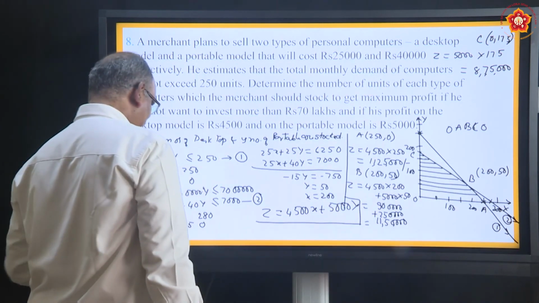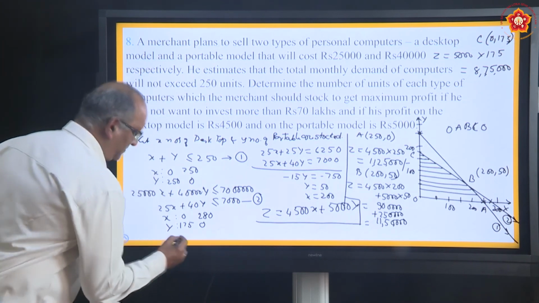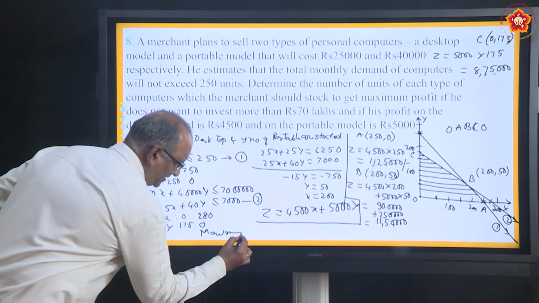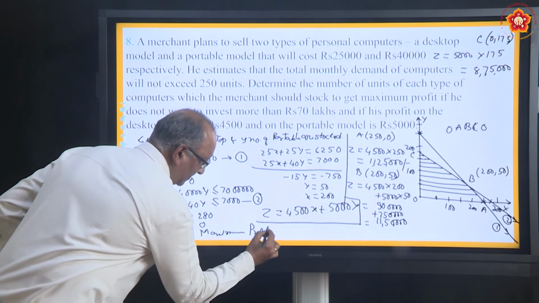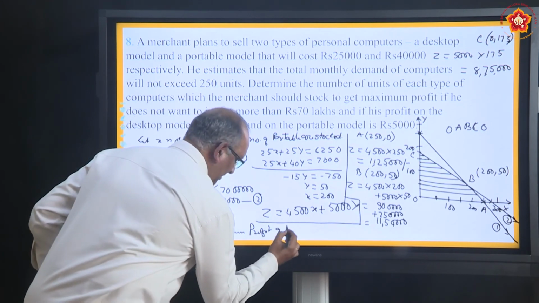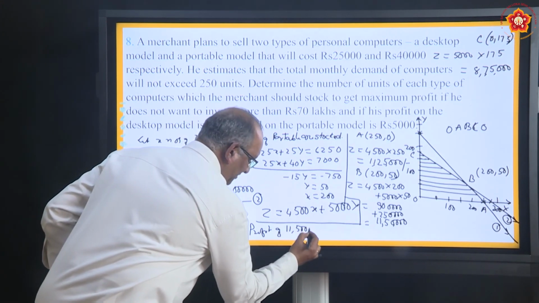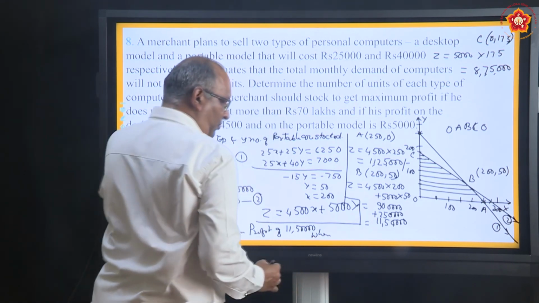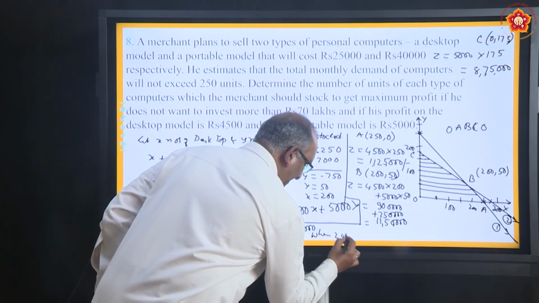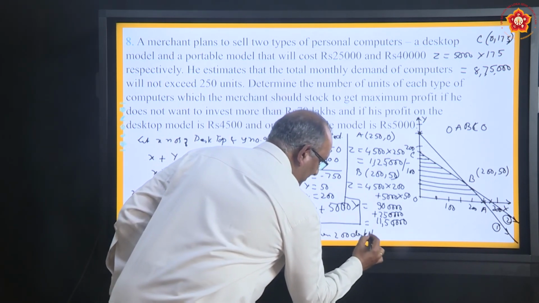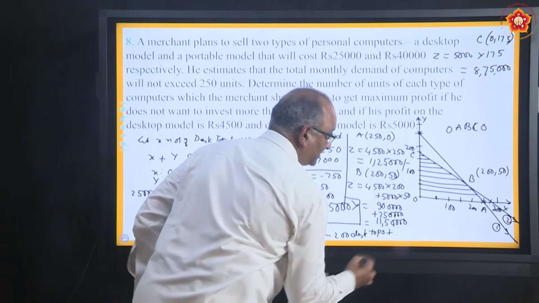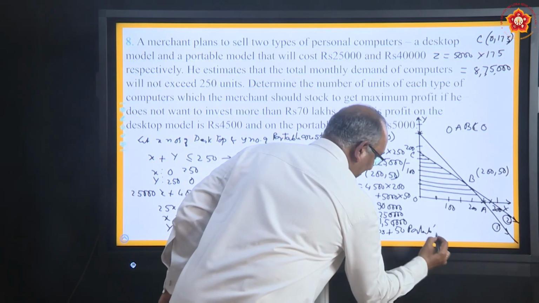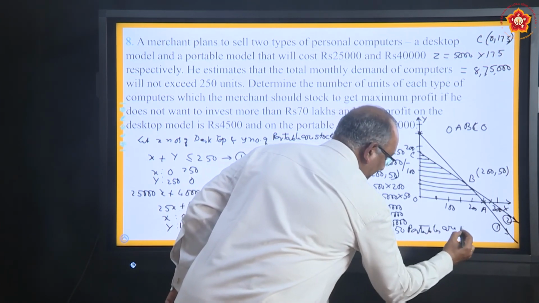He should purchase and get a maximum profit of 11 lakhs 50,000 when 200 desktops plus 50 portables are stocked.